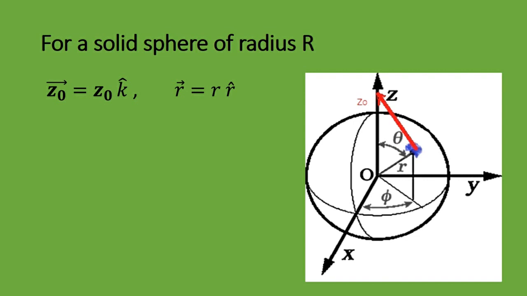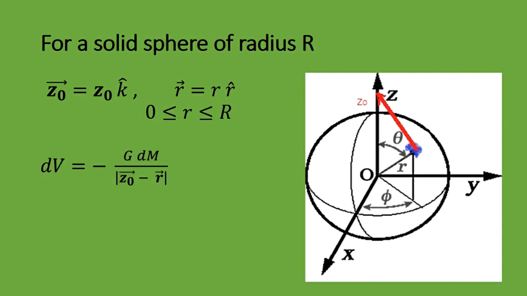If I want to write this location as a vector, I will say r vector equals r, the magnitude, times r unit vector. And remember that because this is a solid sphere, r can be anywhere between 0 and capital R, which is the radius of the whole sphere, because we are inside the sphere.